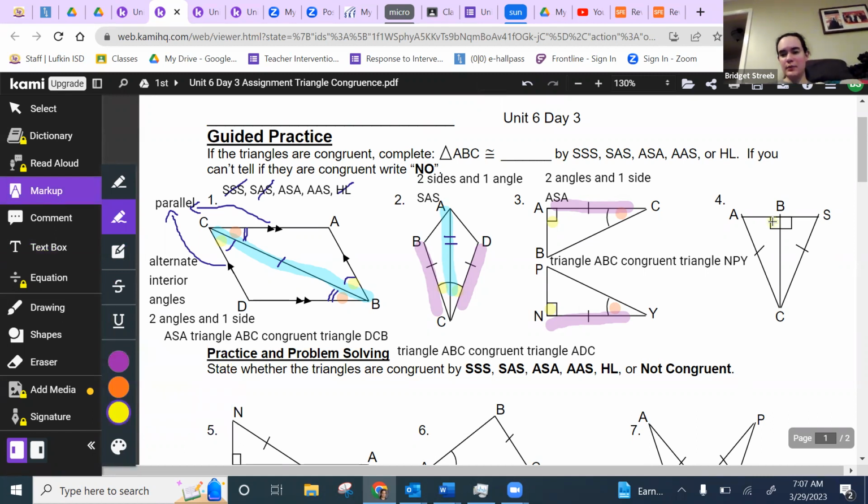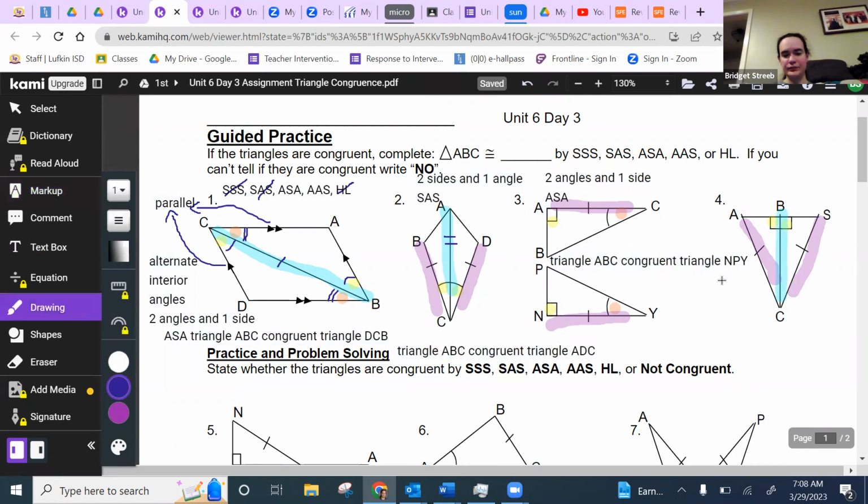And our last one, we had a set of right angles. We have a set of sides that are already marked. And we have another side that we need to mark, one that they're sharing.